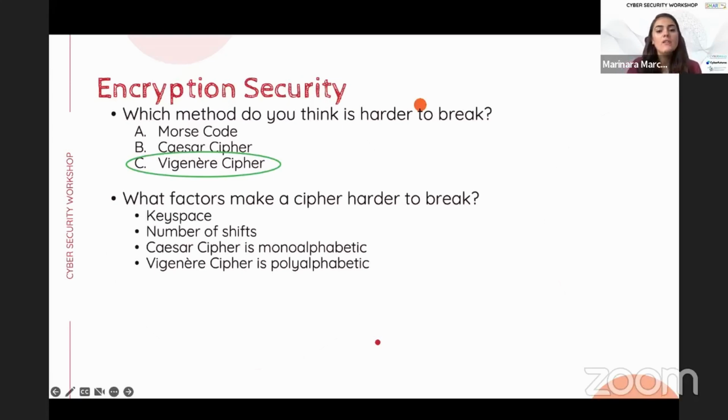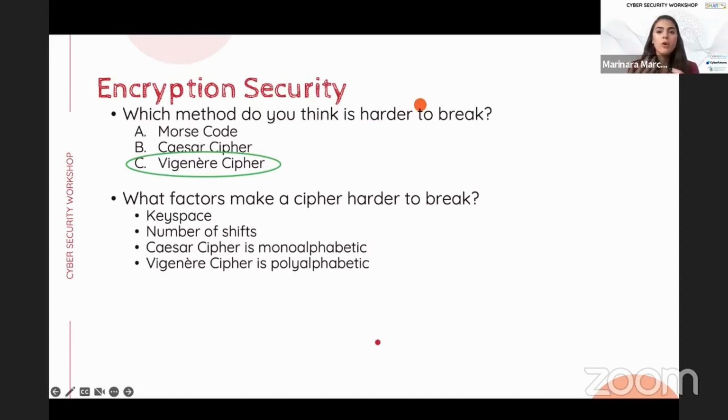Yeah, that's really good. So what factors make a cipher harder to break? Do you remember what the key space was? Maybe I didn't touch on that so much. The key space is basically in how many different ways you can encrypt the message.